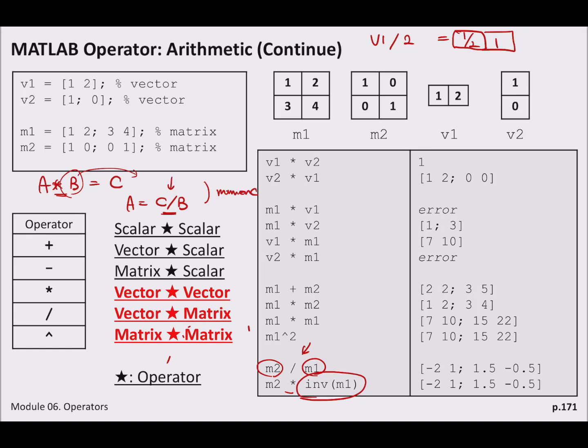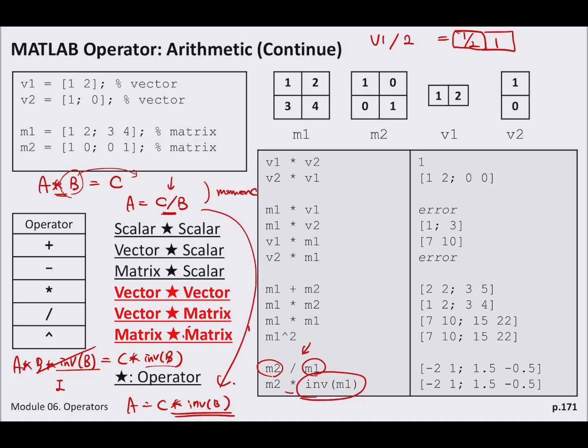So we call this one the matrix division. This one is the same as inverse B. Why? A B equals C, multiply inverse B. We multiply the inverse B on both sides. This one becomes an identity matrix. A is C times inverse B. That's why this one becomes this one.